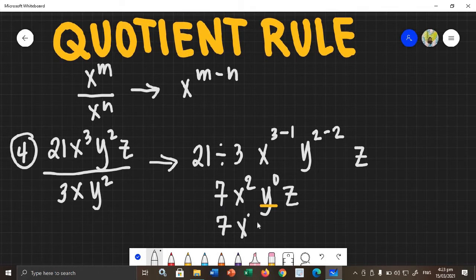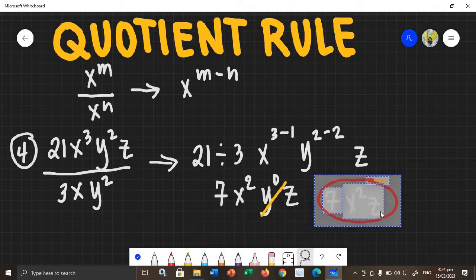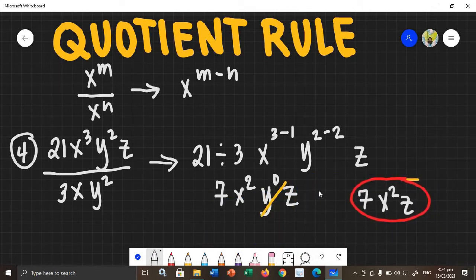So 7x squared z, that is the answer. Basically, we just canceled out the expression with the 0 exponent, because that will be equal to 1, and 1 multiplied by the coefficient is still 7. So just cancel out the one with the 0 exponent, so that no confusion happens. So the answer is 7x squared z.